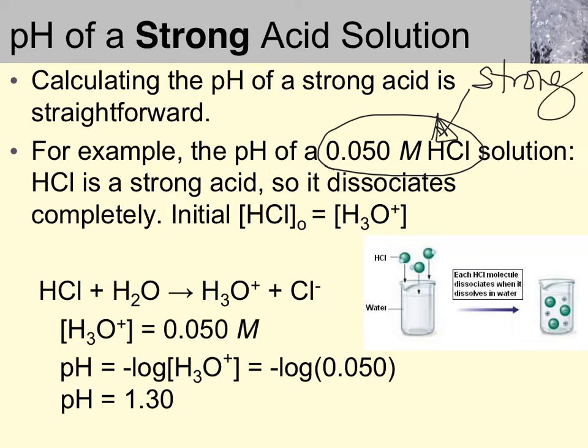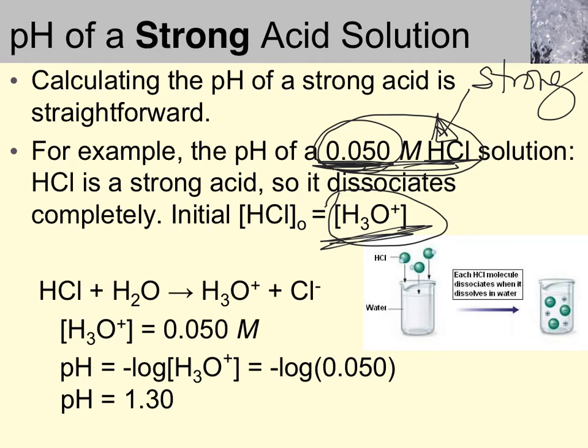So calculating the pH of a strong acid or base is really simple because 100% of that molarity gets converted to hydronium ion. So whatever the original molarity is of the strong acid or base, that's the molarity of the hydronium ion or the hydroxide ion.